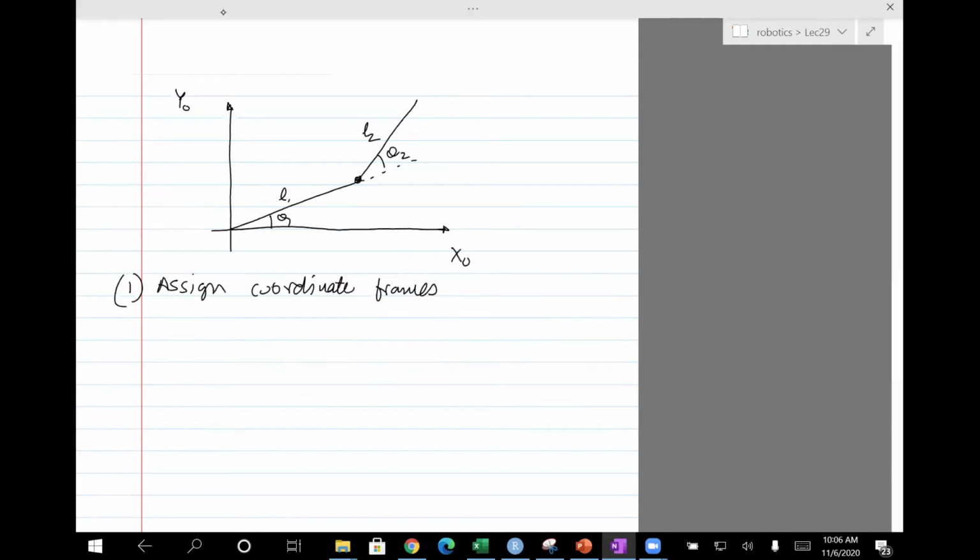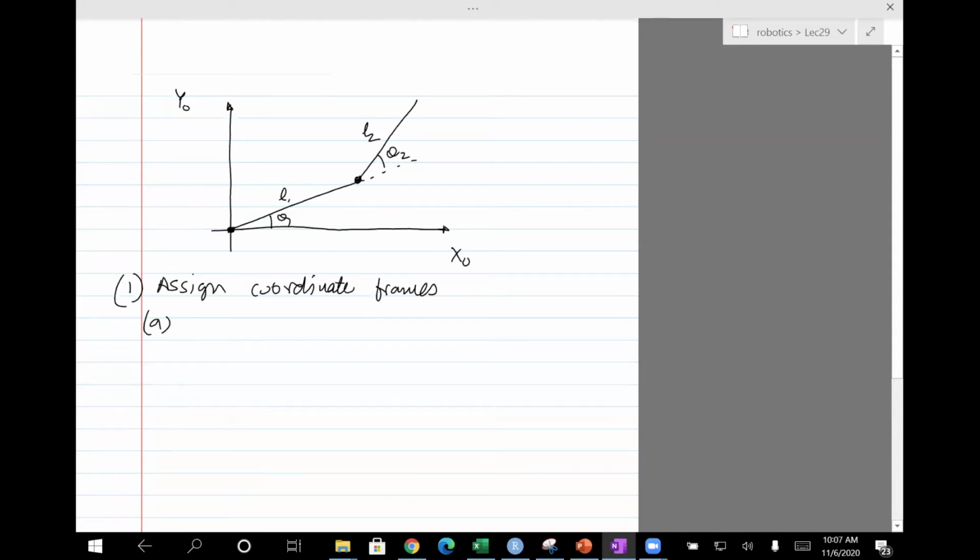So step A in the handout again. Assign zi, I'm just reading out from the handout. Assign zi along the axis of actuation of each link. So what does it mean, the axis of actuation? This is basically the joint at which this link one is going to move. So that's the axis of actuation.